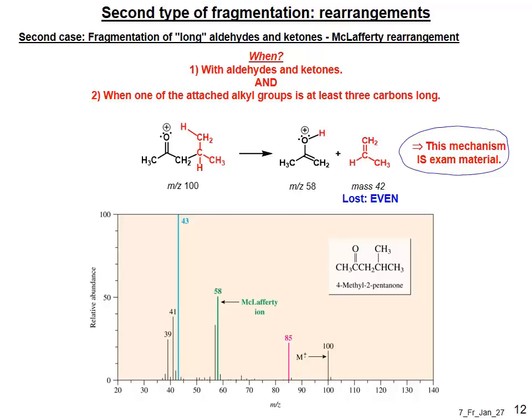So this second type of fragmentation through rearrangement is called the McLafferty rearrangement. The McLafferty rearrangement applies under these conditions here.